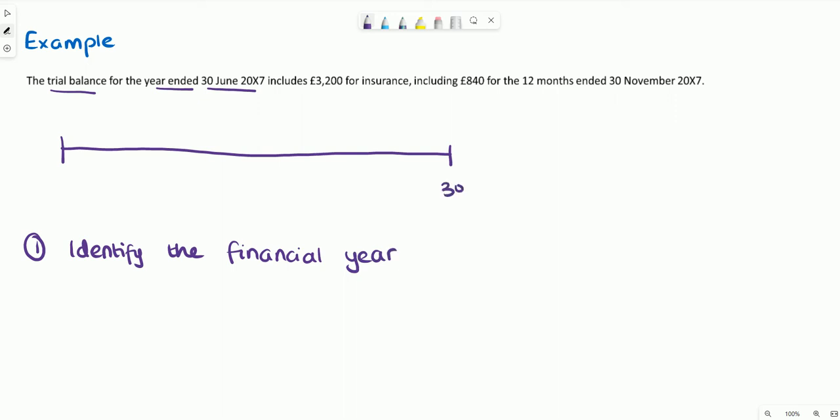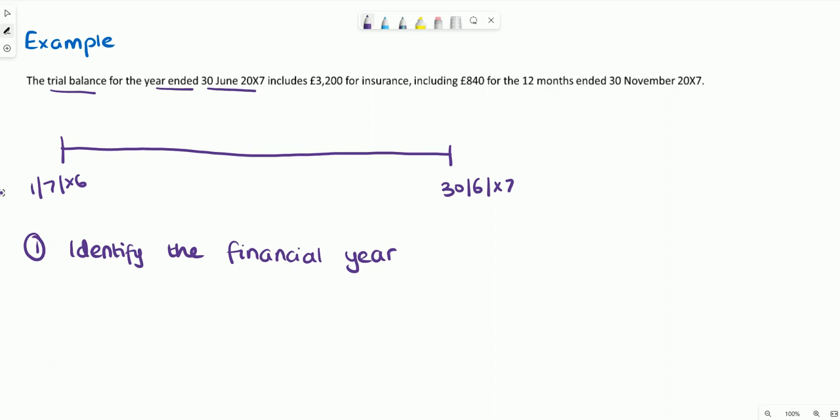That is 30th of June x7, and that would have started from the 1st of July x6, so that gives me 12 months. Now, I've been told that I've got an expense for this period that's been recorded in the trial balance of 3,200, okay? And that includes £840 for the 12 months ended 30th of November 20x7.